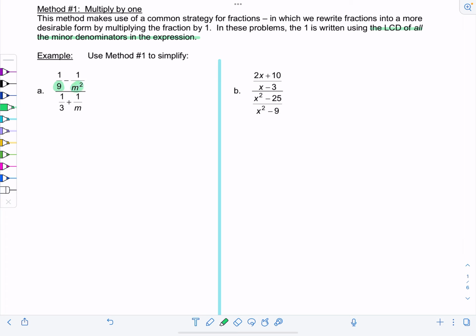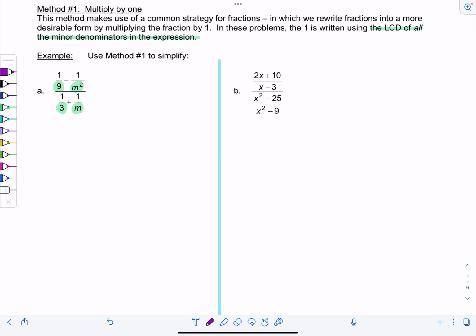M squared is a minor denominator. 3 is a minor denominator, and so is m. Our job is to figure out what is the LCD for all 4 of these denominators. So pretend like you're going to add them all together, but that's not what we're going to do. And notice the LCD is 9m squared.